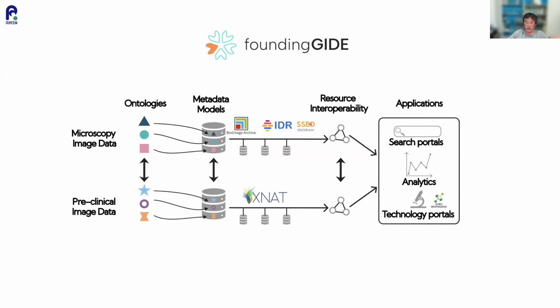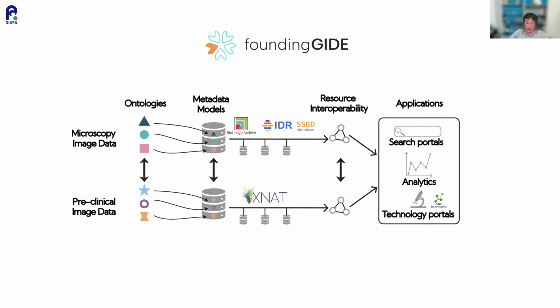We already established those databases, but currently we cannot search among those different data resources. So one immediate goal is to set up a system to cross-search all three image data repositories, so that users can easily find what they want to get.